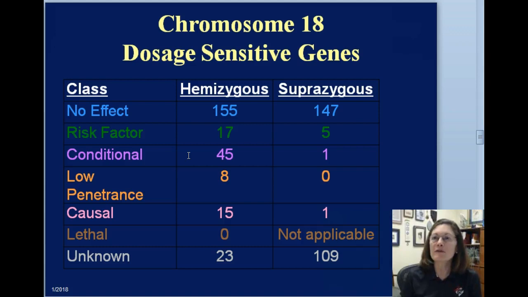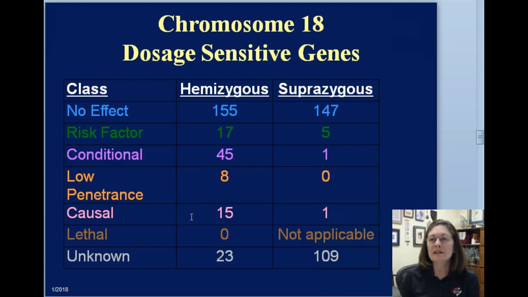And there are 45 genes that we think this is the case if you have a deletion, and only 1 if you have a duplication. The genes associated with low penetrance, so less than 50% chance of causing a problem, there are 8 of those genes on chromosome 18, and none have this classification yet as far as duplications of those genes.